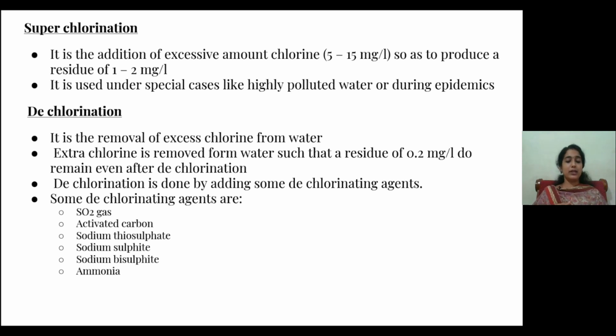The list of dechlorinating agents is sulfur dioxide gas, activated carbon, sodium thiosulfate, sodium sulfite, sodium bisulfite, and ammonia. These are the chlorination procedures, the chlorination stages accepted in the water treatment system, altogether 7 stages.